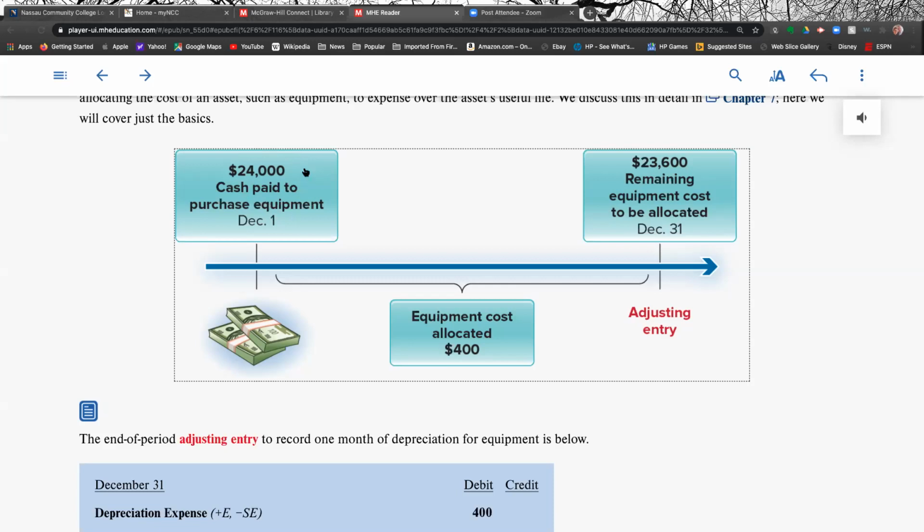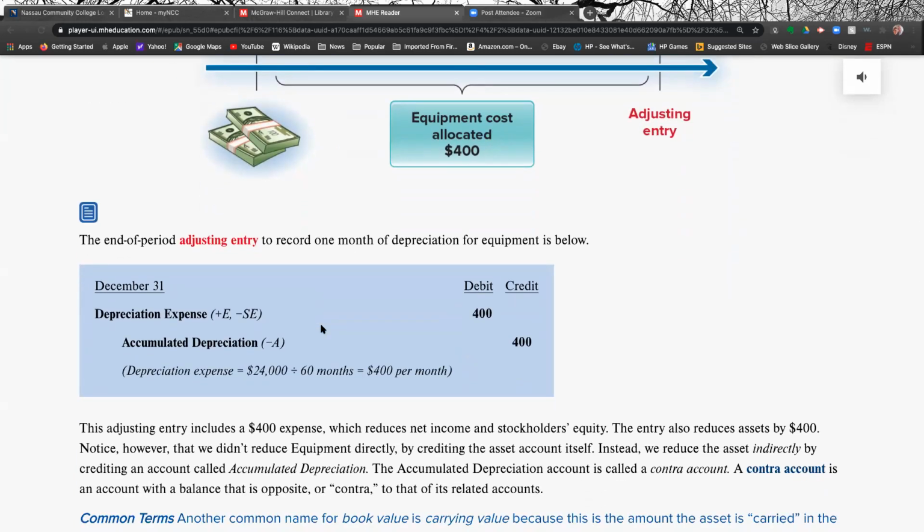So in this case, if we take the $24,000 and spread it out over the lifespan of this equipment, it's depreciating at the cost of $400 a month. $400 a month is depreciation. What entry gets made? Debit depreciation expense. And look at this weird asset account: accumulated depreciation.